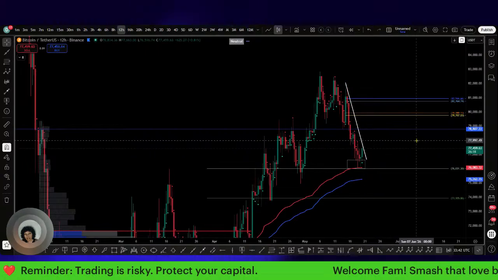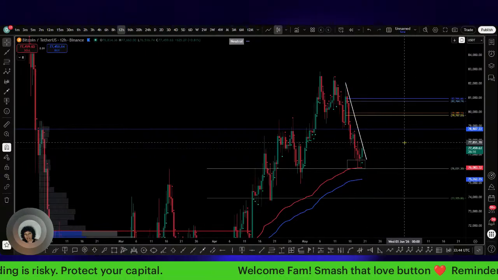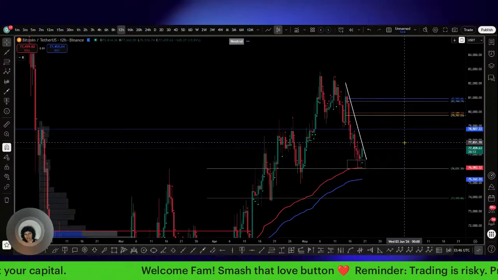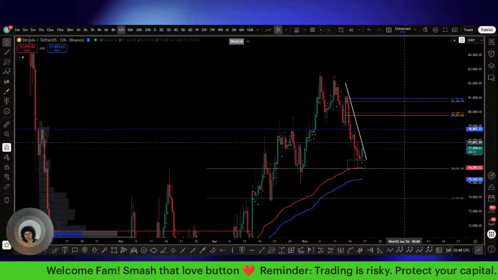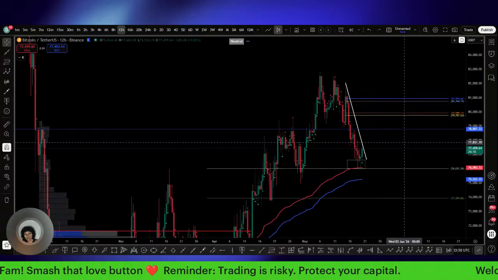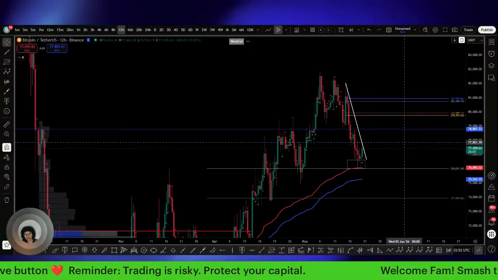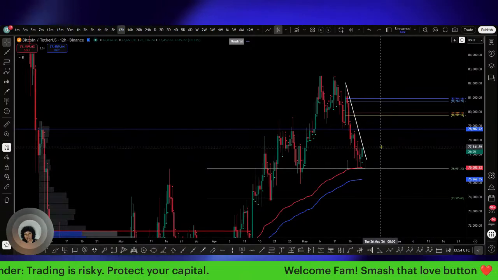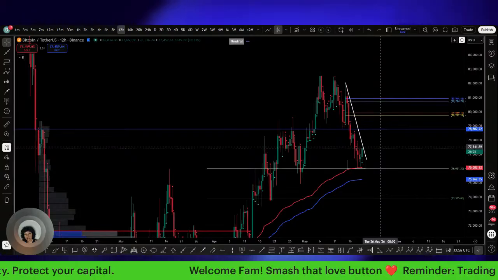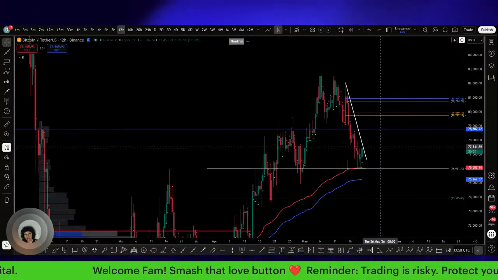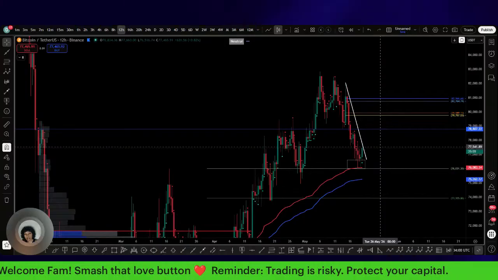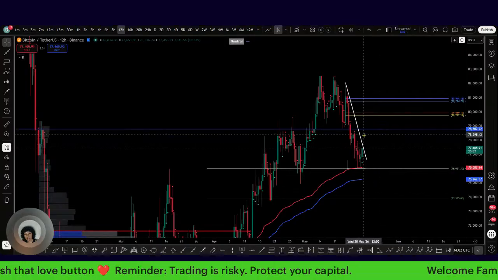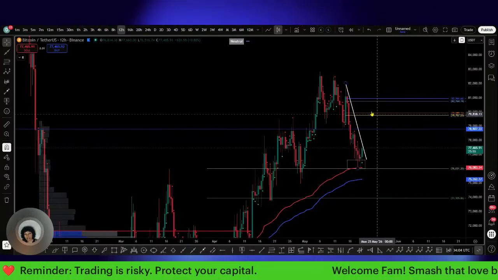But right now you can see we're rejecting from it exactly because we have not been able to get out of that pocket. We're still stuck between standard deviation 1 and standard deviation 2, and that can go on for a long time. So I really want to see us break from here, get into here.